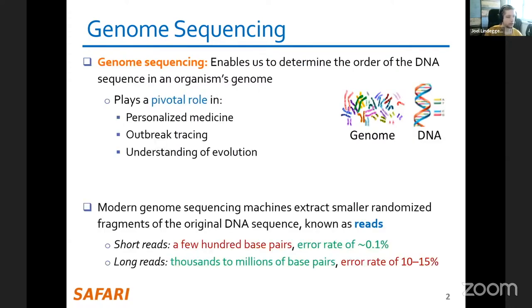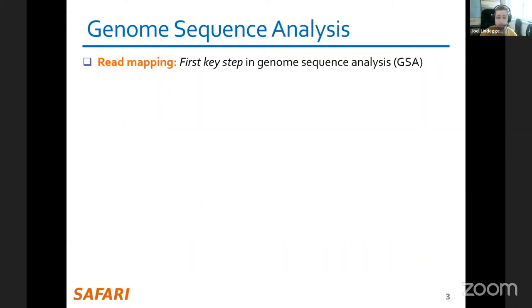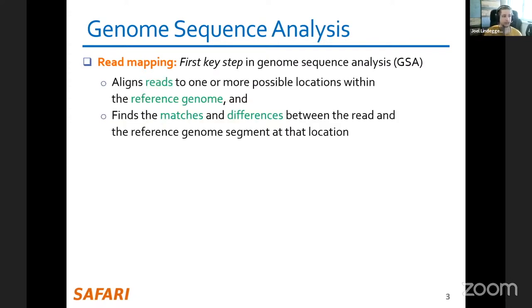So how we analyze these short reads is with read mapping, where we align the reads to possible locations in the reference genome. The goal there is to find basically where a read matches in a known reference genome and, if it differs, how it differs from the reference genome.